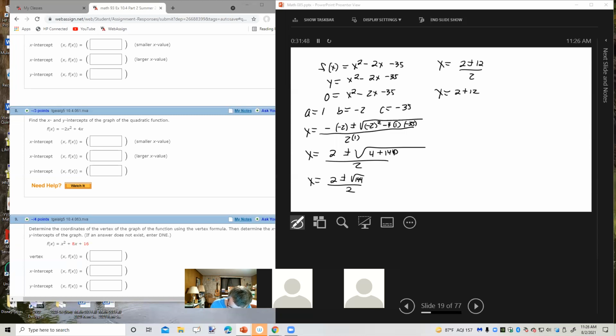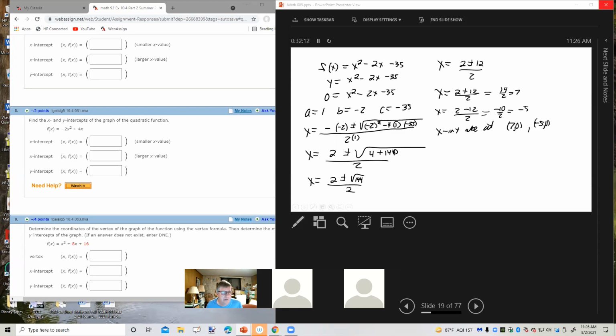X equals 2 plus 12 over 2, which is 14 over 2, which is 7. X equals 2 minus 12 over 2, which is negative 10 over 2, which is negative 5. So the x-intercepts are at 7, 0 and negative 5, 0.